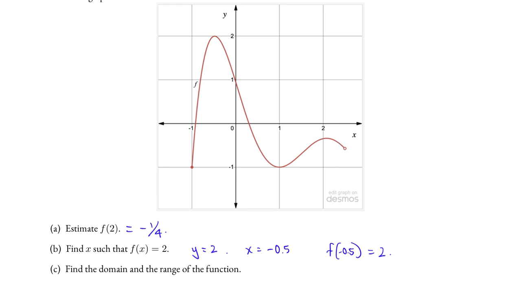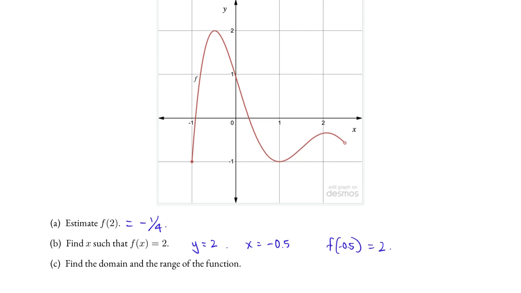Now when we write the domain and the range, we need to pay attention to the open or closed interval as well. The domain of the function starts at negative 1 and it ends at 2.5. Now we do want to include negative 1 because of the closed circle at the left end of the graph.